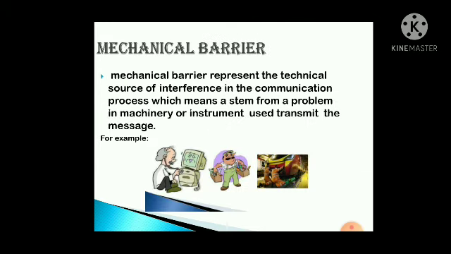Next, mechanical barrier. A mechanical barrier represents the technical source of interference in the communication process, which means it stems from a problem in the machinery or instrument used to transmit the message. Instruments and machines require constant maintenance over time and with regular use.